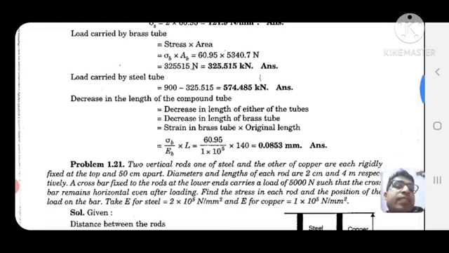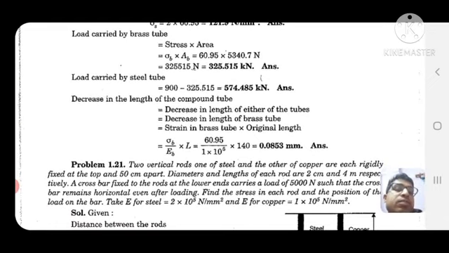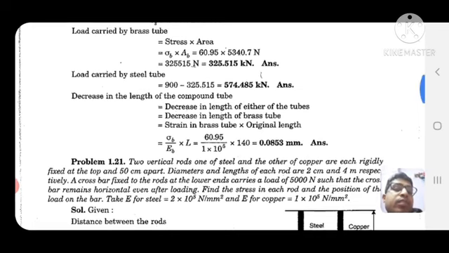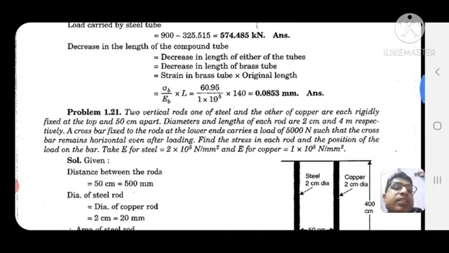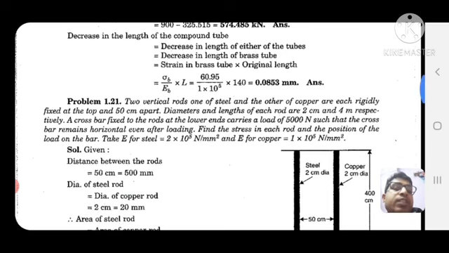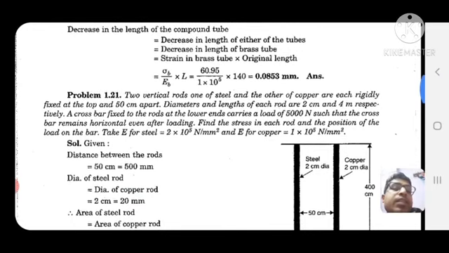Load carried by the brass tube is equal to stress multiplied by area, sigma B multiplied by AB, 60.95 into 5340.7 Newton. Load carried by the steel tube is equal to 900 minus 325.515, that is equal to 574.485 kilonewton.